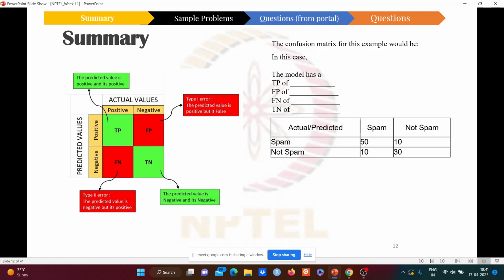Any other answers apart from ones that have been mentioned? So here TP stands for true positives, where the actual and predicted value has to be the same, and that has to be positive. So considering here spam as a positive class.